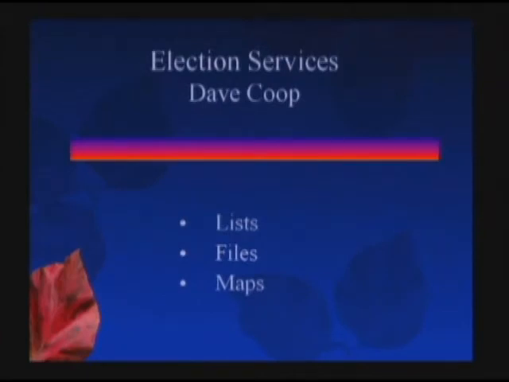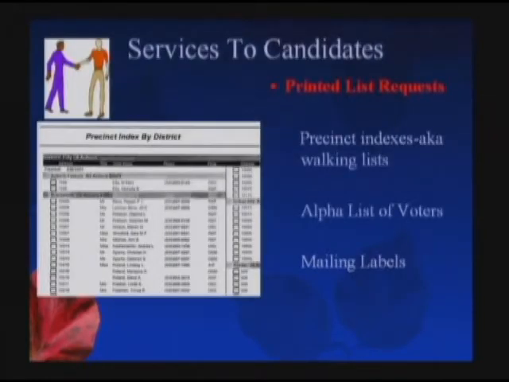One of the first lists that most people get, and it was referred to many times here, is a precinct index. That's also known as a walking list. And it's a very handy tool. There's actually a sample in your handout. It's attached to the sheet that has the flag up in the corner that lists all of our products and what the costs are.